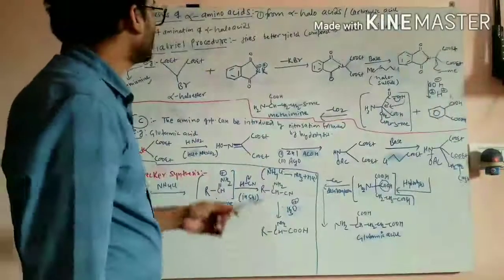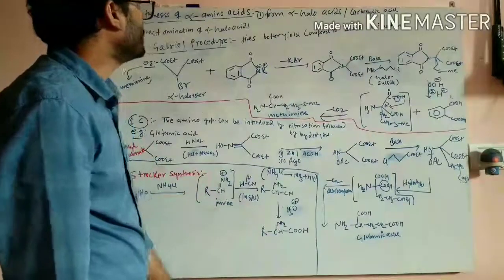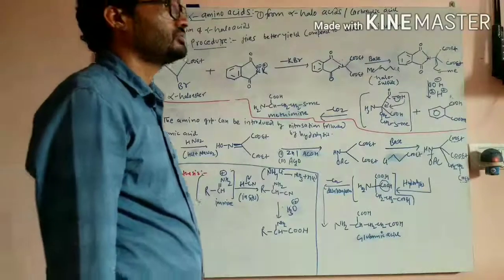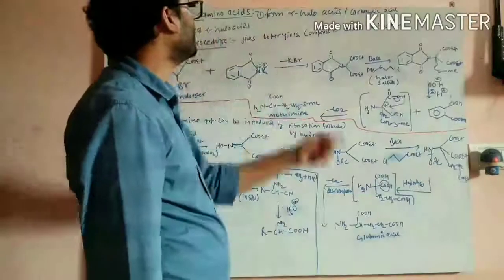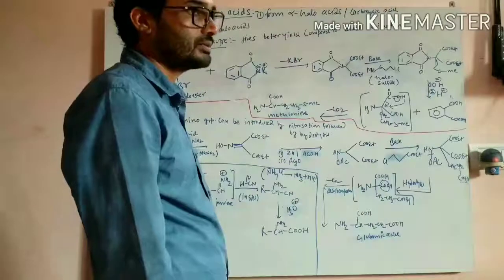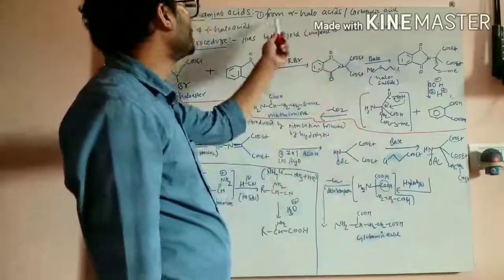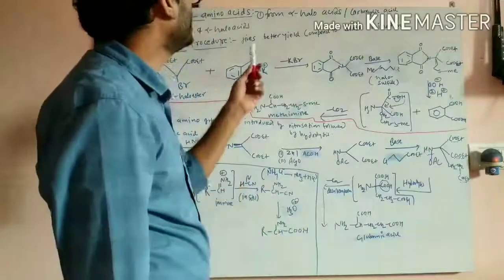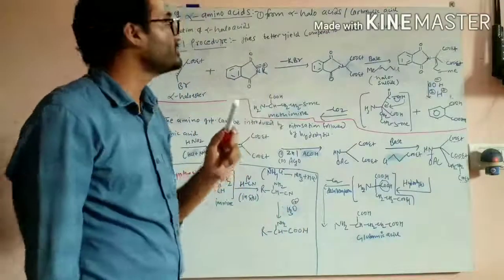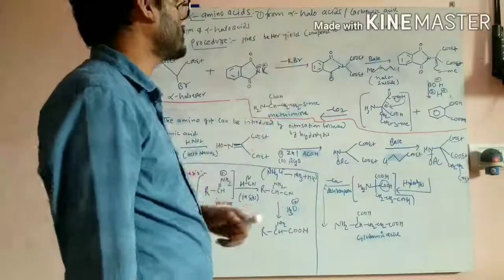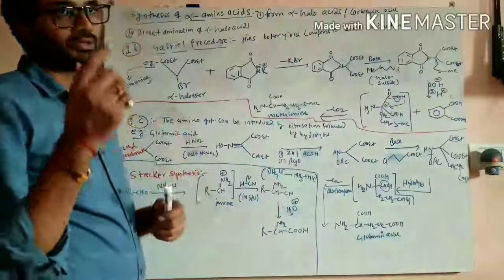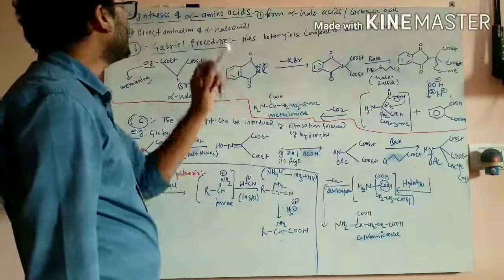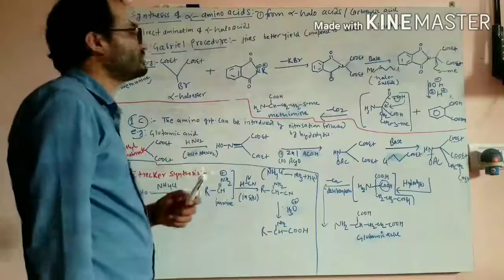We were talking about the synthesis of alpha amino acids, and the first method I have discussed is from alpha halo acids or from carboxylic acids, because these alpha halo acids are derived from carboxylic acids. So the first method is from alpha halo acids, where the starting material is an alpha halo acid or a carboxylic acid having alpha carbon atoms. Now the first method, which we have discussed, is direct substitution of alpha halo acids.